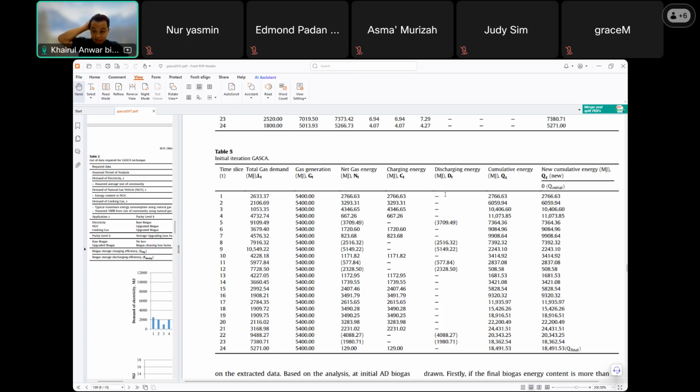But DT is negative. In this paper, they don't use negative, they use brackets. So 11,000 minus 2709 will get 7064, and cascading it until the end.